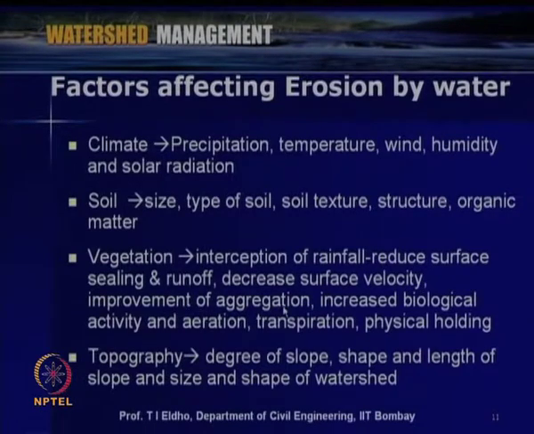Improvement of aggregation, increased biological activity and aeration, transpiration, physical holding, all this helps to reduce soil erosion. So, as far as soil conservation is concerned, one of the important aspects is that we can increase the vegetation in the watershed, as in the case of grass or other plants. Wherever more vegetation is there, the soil erosion will be reduced.